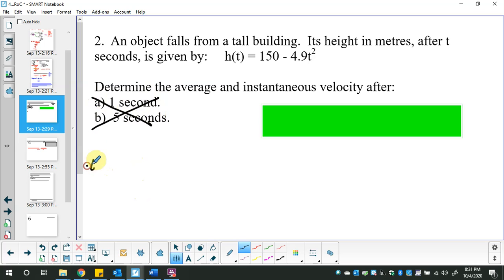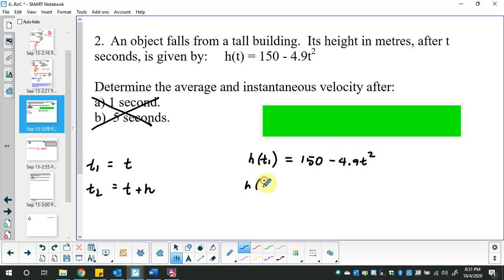And I'm going to find a T1 and a T2 that are general. So I'm going to use T1 is T, just like I used X1 is X, and that makes T2 T plus H. It makes, in this case, h at T1 be the formula it is, because I'm putting T's in for T's.